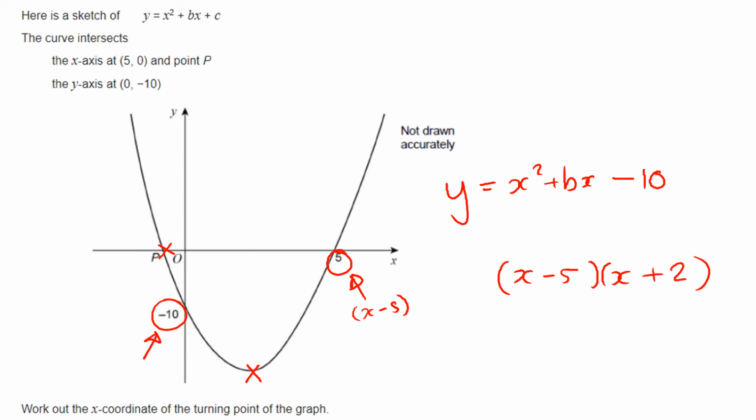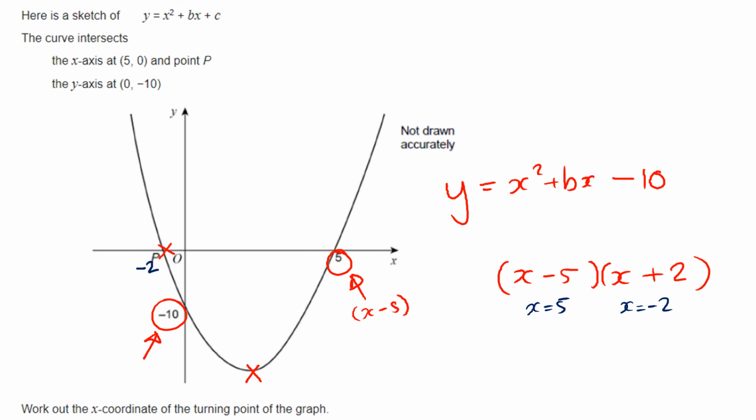That's +2, isn't it? We could figure out b at this stage, but we actually already have our value of p, because we know our solutions are x equals 5 and x equals -2. So this is not p, this is -2.